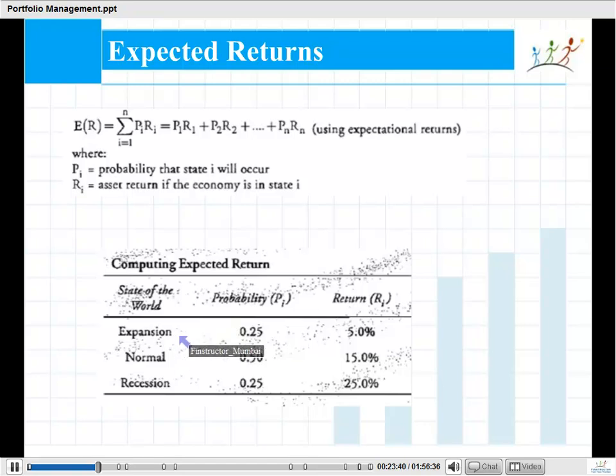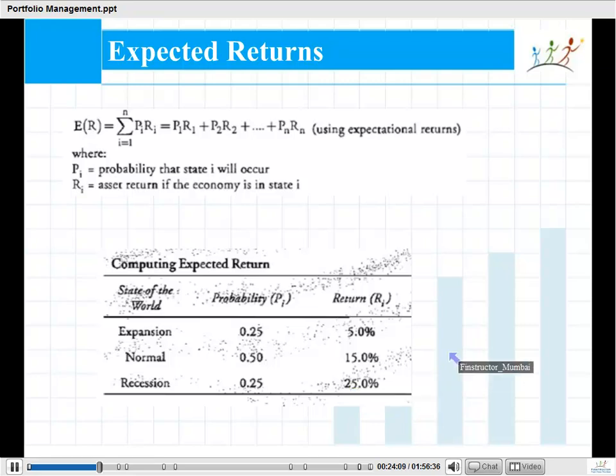If the economy is in an expansion, the stock is expected to give a return of 5%. There's a 50% chance that the economy will be normal. If the economy is normal, the stock is expected to give a 15% return. There's a 25% chance of a recession. This stock actually gives a very high return in the case of a recession. It will give you a 25% return.